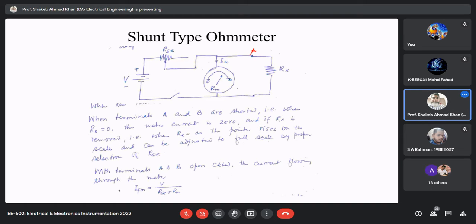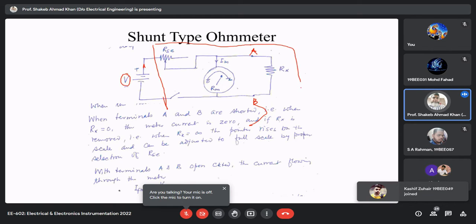This is A, and this is B. So the battery current drawn, this is your battery current. Obviously your battery current will be V divided by the equivalent resistance.